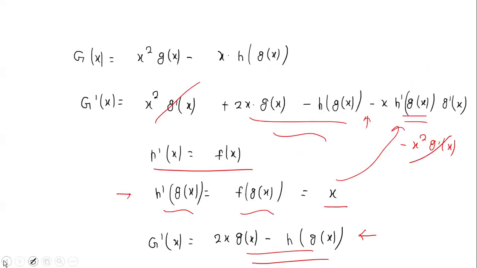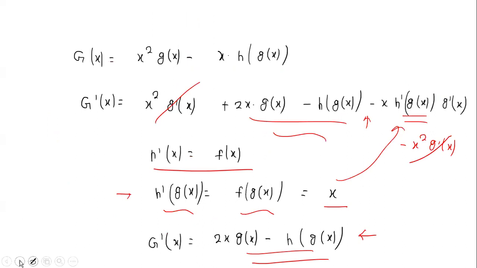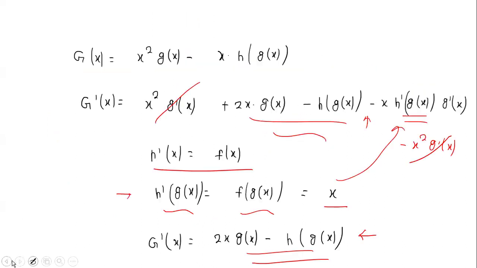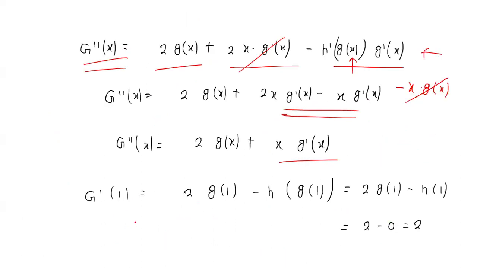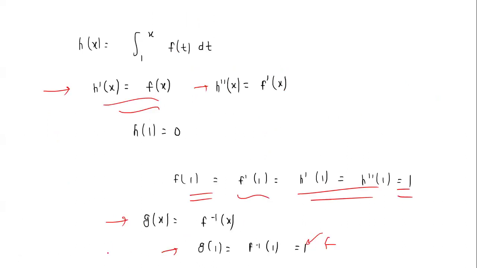Now we want to calculate here D dash 1 and D double dash 1 value. So let's see what values are coming. So we know this D dash x. If you put x equal to 1, you will get this is equal to 2 multiplied by g of 1 minus h of g of 1. And we know this g of 1 value is equal to 1 here.